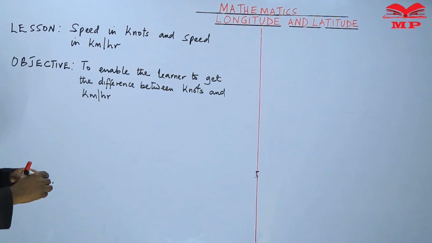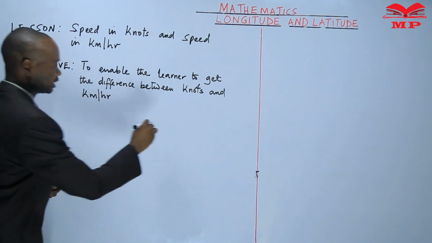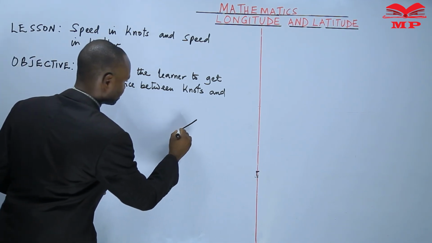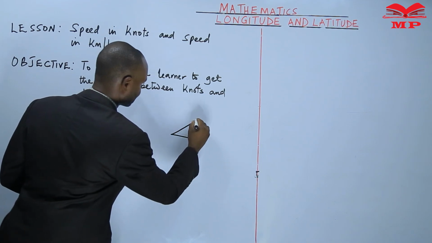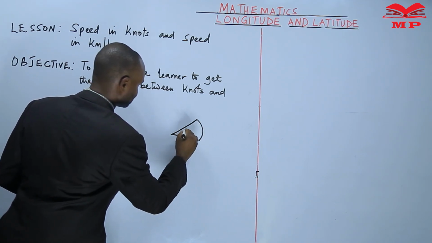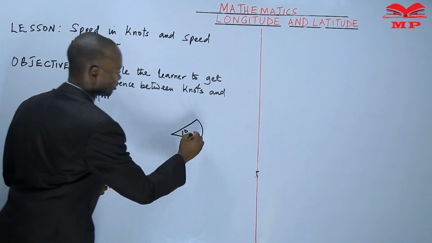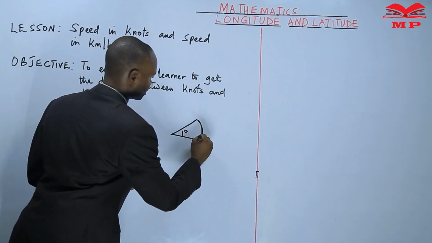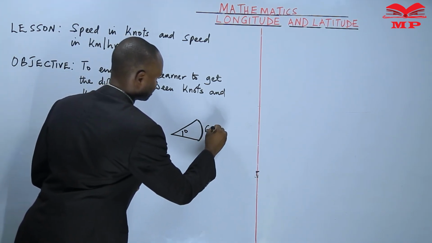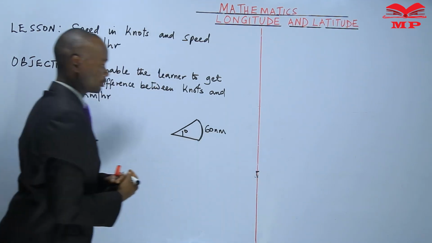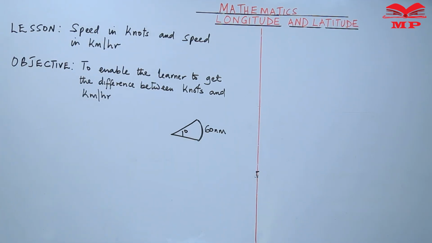To get this, we start from very elementary things. On a great circle of radius r, 1 degree subtends an arc of 60 nautical miles.